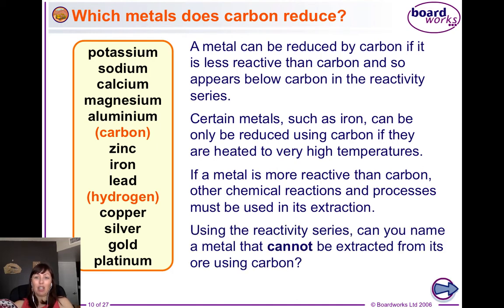So using the reactivity series, can you name a metal that cannot be extracted from its ore using carbon? Okay, so if you're looking at that list, it's going to be anything above carbon. So aluminum, magnesium, calcium, sodium, and potassium cannot be extracted using carbon because they are more reactive than carbon, meaning carbon's not going to be able to steal that oxygen from them.